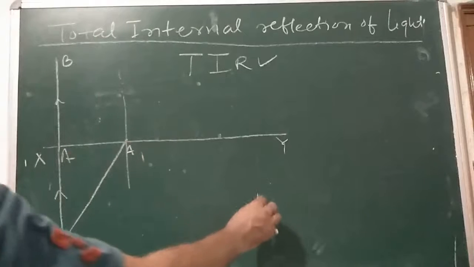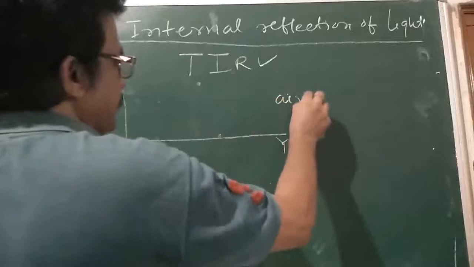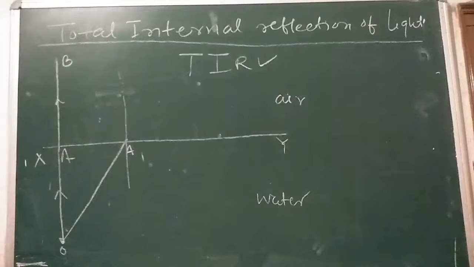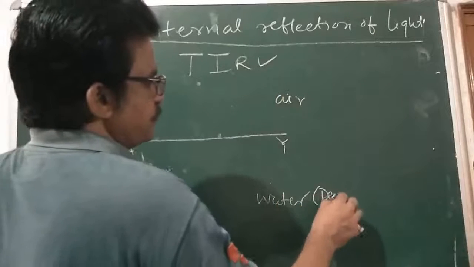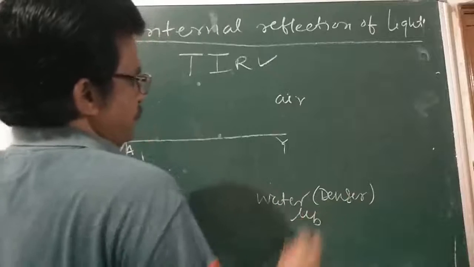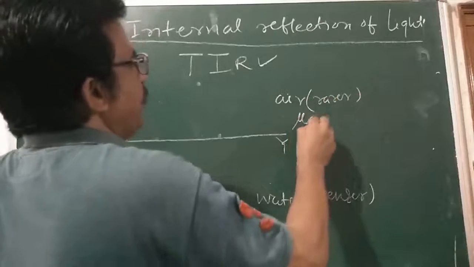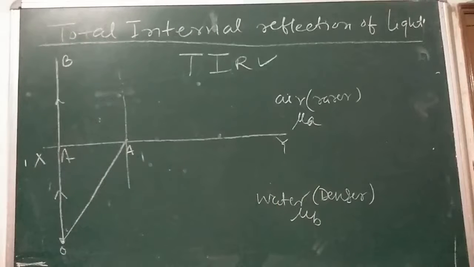Here is water, here it is air. This water is a denser medium, say refractive index is μB. Here is a rarer medium, the refractive index is μA.